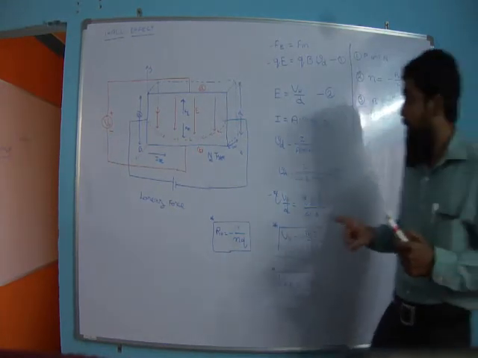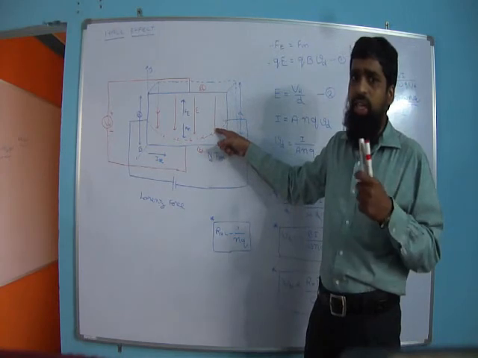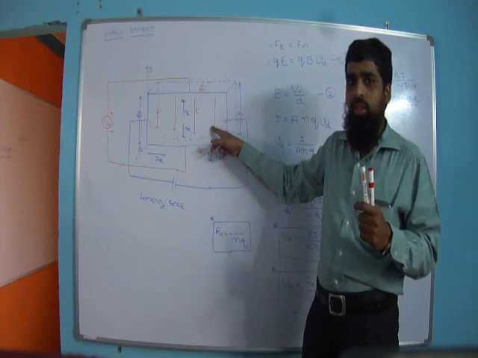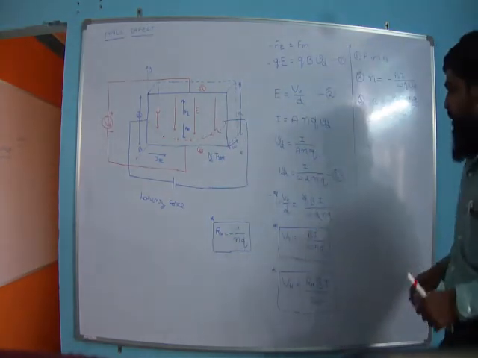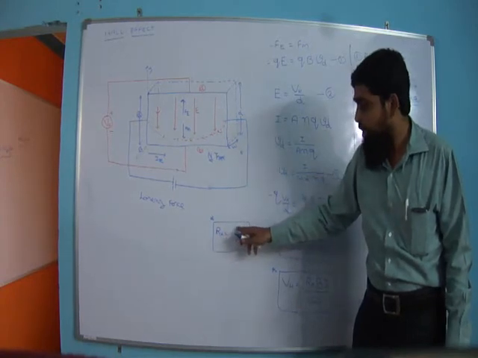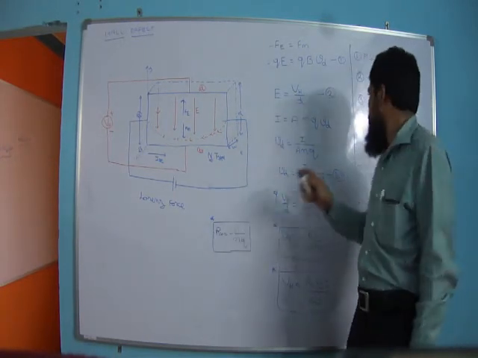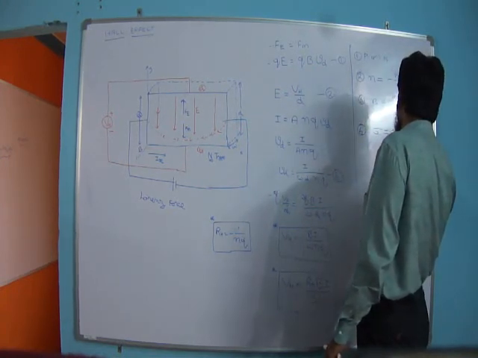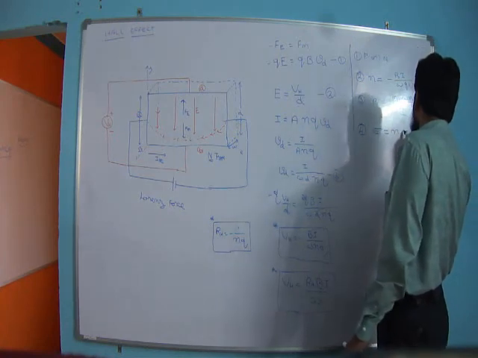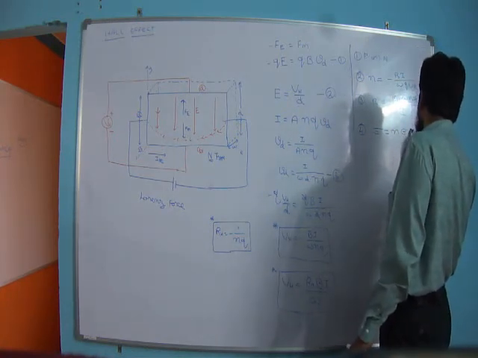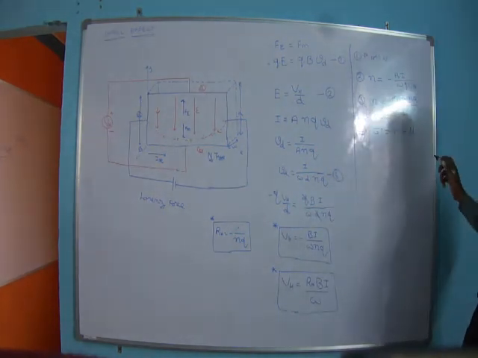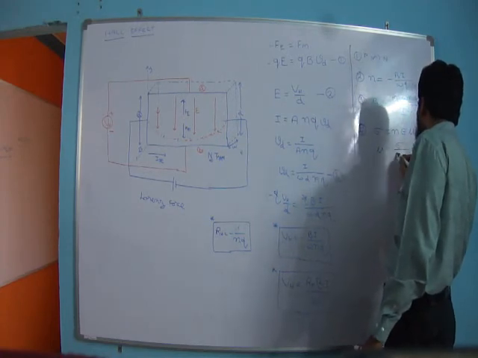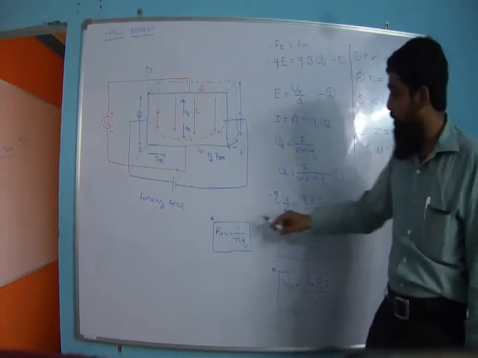Another application is that you can also find out the mobility of these charge carriers. Not only the concentration, how many charge carriers are present, you can also find out their mobility. How can you do that? In this expression, RH is written as 1 by charge density. We know conductivity can be written as N Q into mu. Now mobility can be written as conductivity by NQ. 1 by NQ, what do we call it?